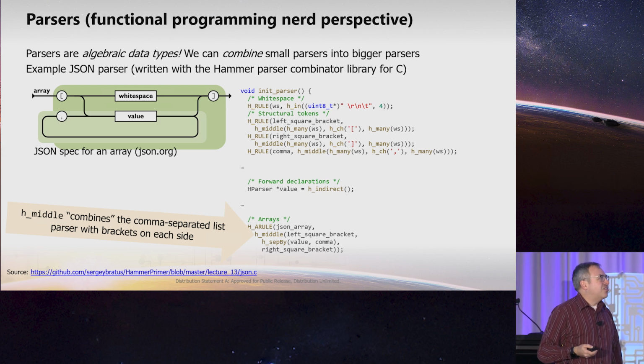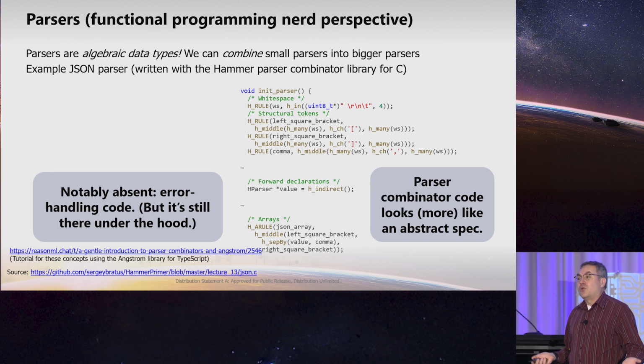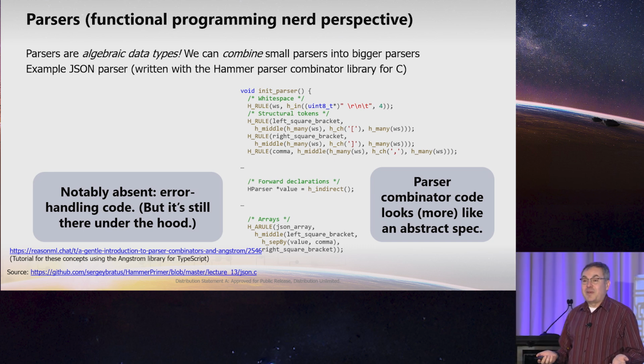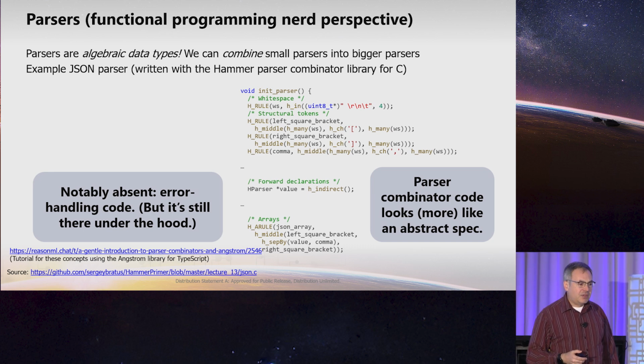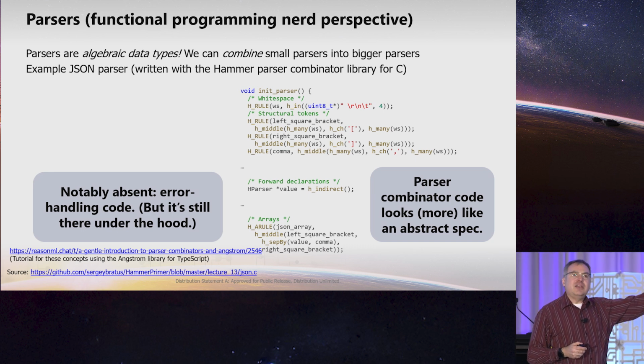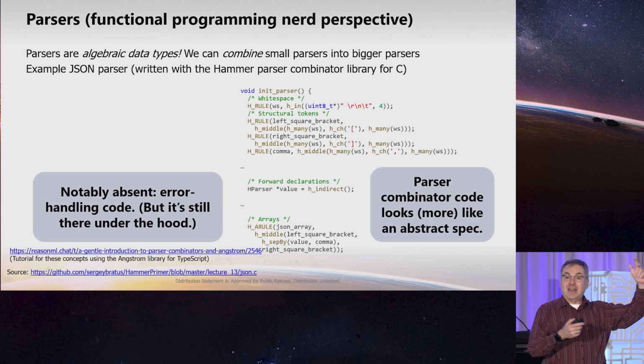When you look at this style of coding, the software looks a lot more like the way you would write an abstract specification, just in English, meant to be read by humans. And what's notably not here is you don't see any error handling code. But remember, I said that a parser accepts a language and rejects everything out of the language.